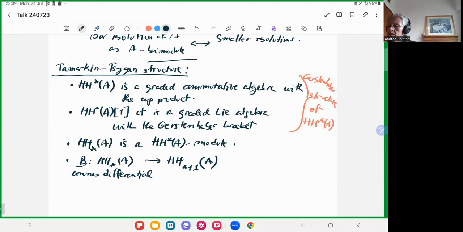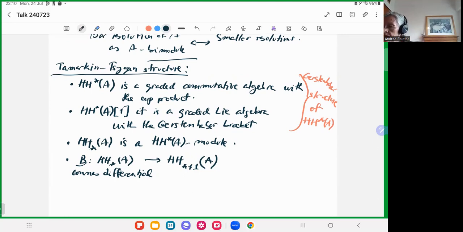In the same way as the Gerstenhaber bracket generalizes the notion of the Schouten-Nijenhuis bracket, this generalizes the notion of the de Rham differential. So this is considered a way of generalizing to a non-commutative setting things that happen in the commutative world.